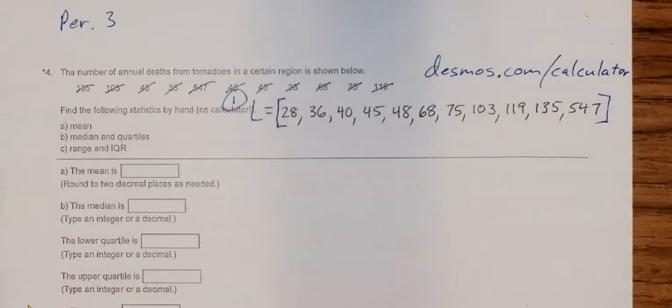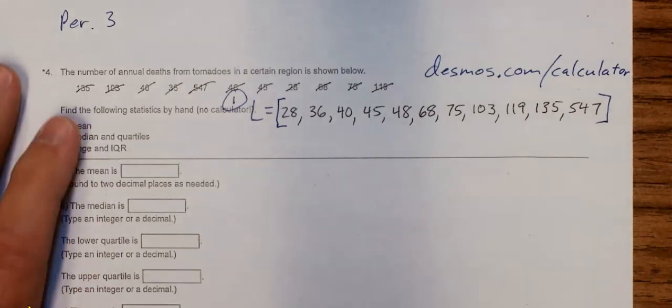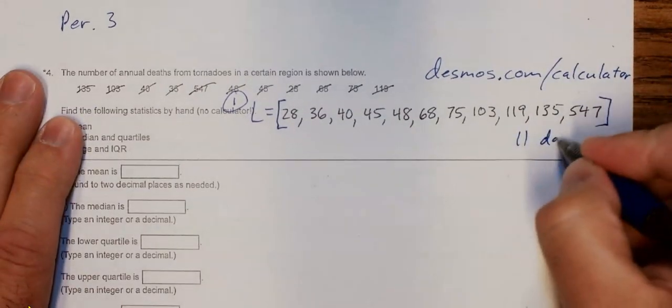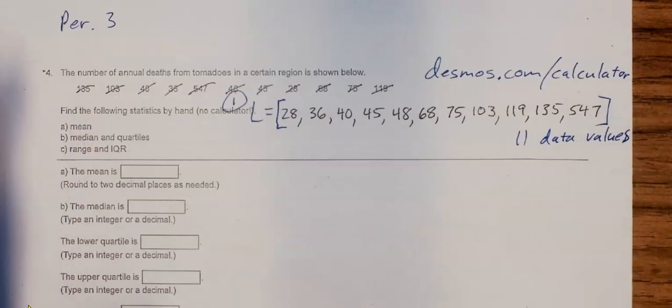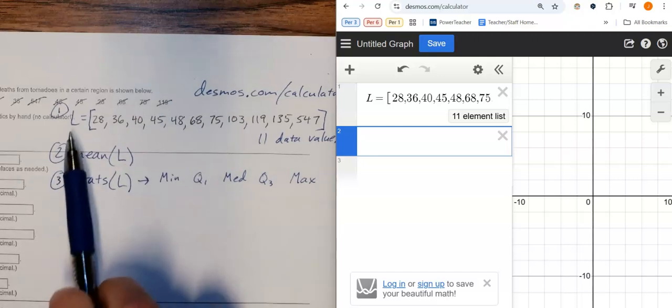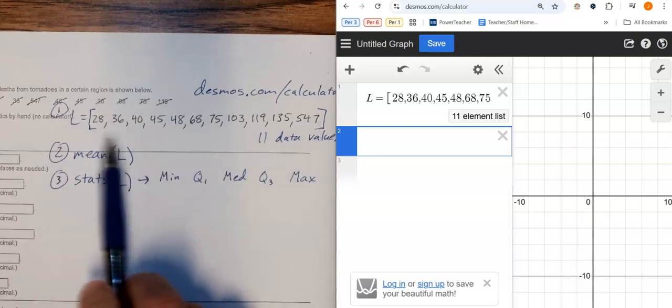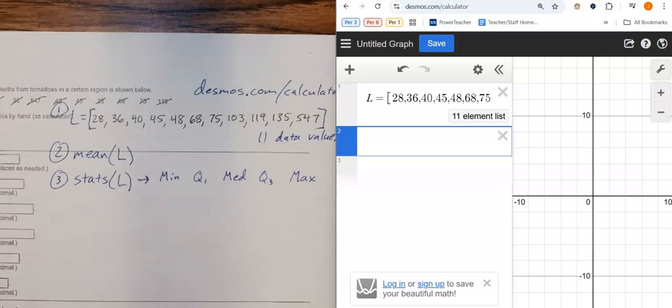Okay? So, get to the graphing calculator. There are 11 items, 11 data values. Make sure you have all 11 of them. I'm going to split my screen now. So we typed in our data set, L equals bracket, and all 11 data values.